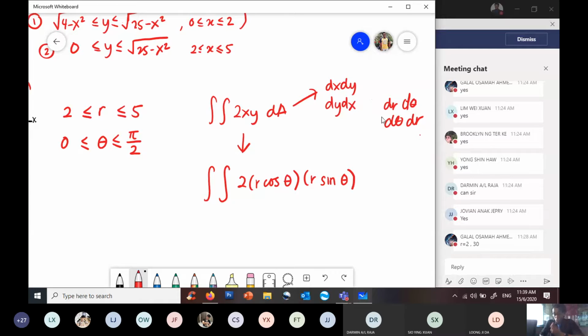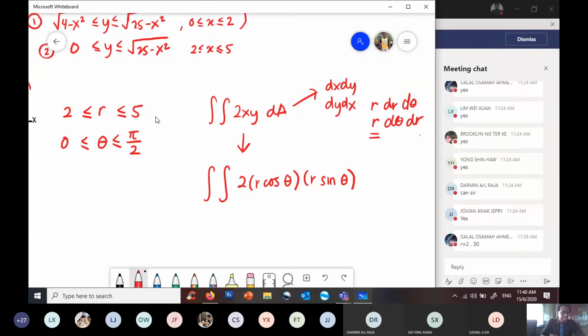When you use polar coordinates, you have to multiply r. So not only do you have to write dr d theta or d theta dr, you have to include r. That's the way the conversion works. There's a whole mathematical explanation behind it, but I'm not going to go into geometry here. Just remember that when you introduce polar coordinates, you have to put in r there.